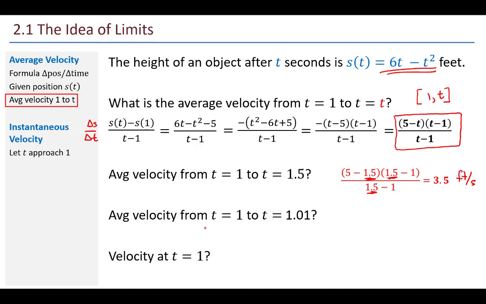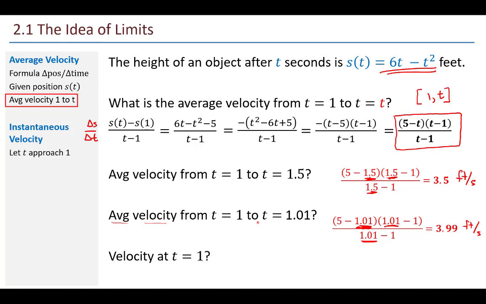What is the average velocity from t equals 1 to t equals 1.01? That's only 100th of a second later. So I can plug in the 1.01 in place of t, do the calculation, and it looks like 3.99 feet per second. And this average velocity over 100th of a second, well, that's such a short time interval.